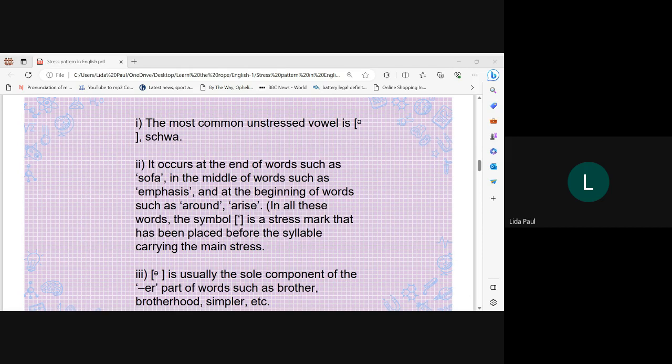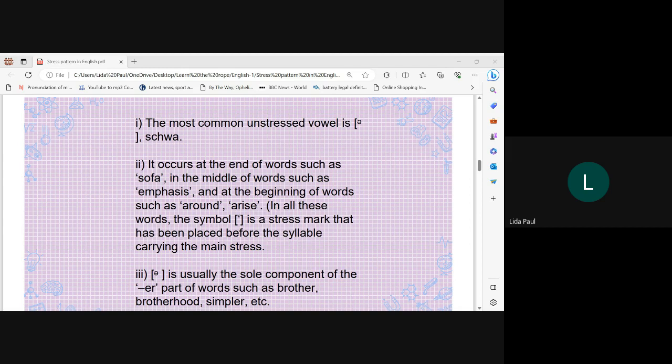But in general rules, the next thing that one needs to keep in mind is about the unstressed vowel sound schwa, right? When we were discussing sounds in English, one of the very first sessions in Learndero, we discussed this. What did we say? That schwa is a monophthong or a pure vowel in English, which does not carry stress.